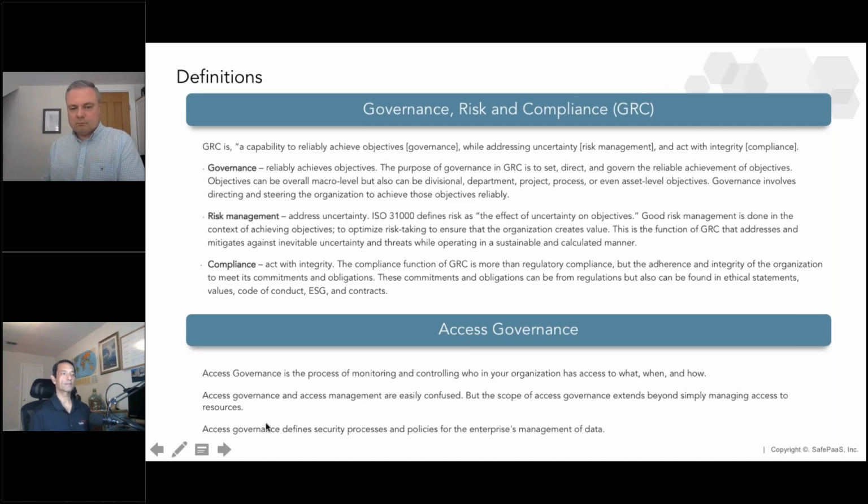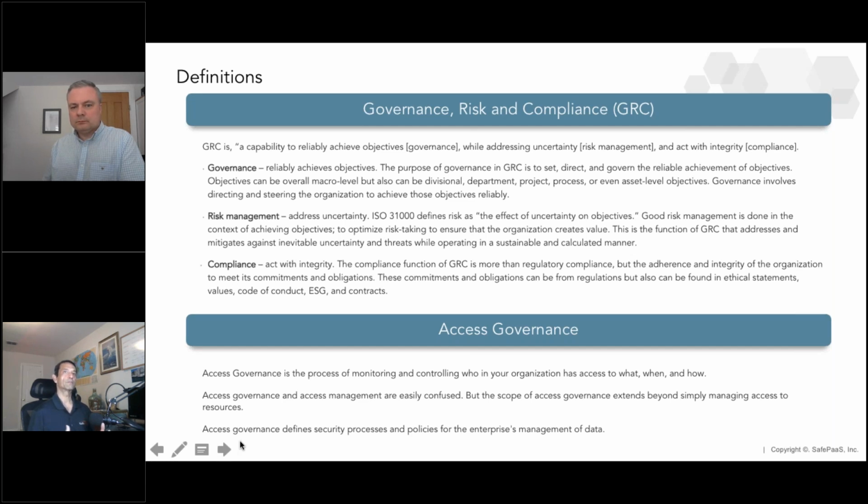It's not the same thing as access management. Access management is more about your typical identity management, or Active Directory, where you put someone in the network when they start at your organization, you give them some privileges and they've got access. There have been access management systems around for a long time.